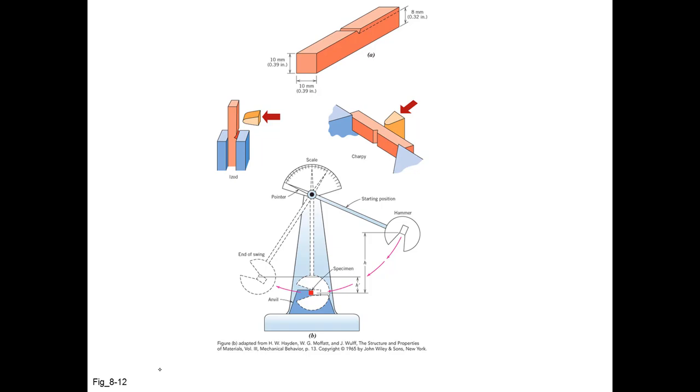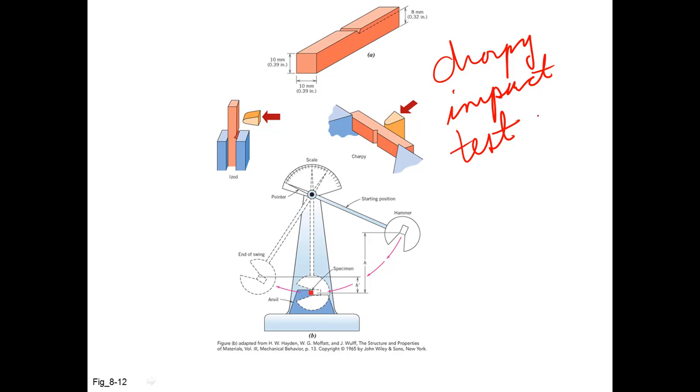Here we're going to start with the Charpy impact test. It's used to measure a sample's toughness. The sample dimensions are shown here, where we take usually a metal sample and it's machined to ASTM standards.